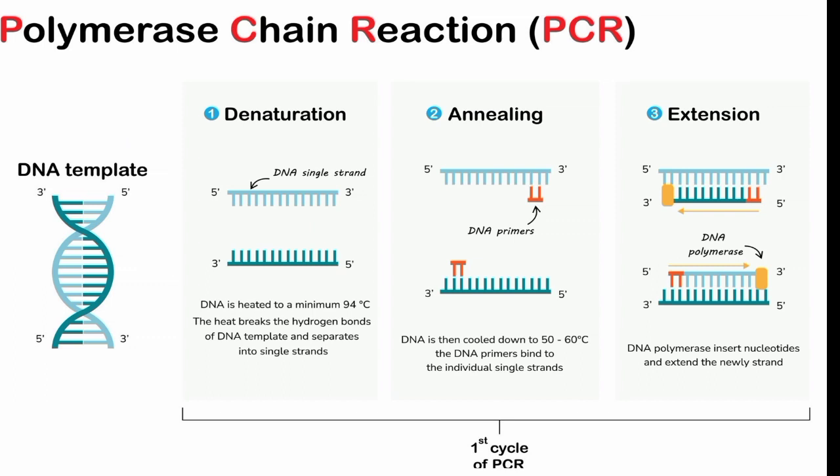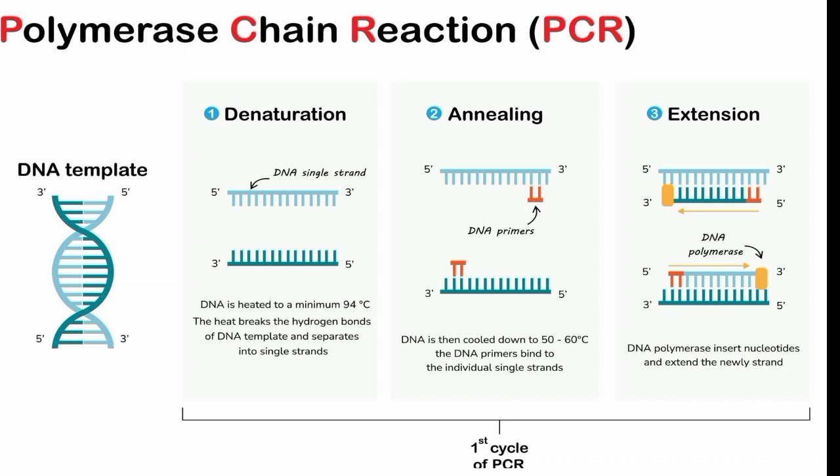So I have a DNA template. Denaturation is taking place. The DNA is being heated at a minimum of 94 degrees Celsius. This will break the hydrogen bonds of the DNA template and separate it into single strands. Then I will have the primers being added at around 50 to 60 degrees Celsius.